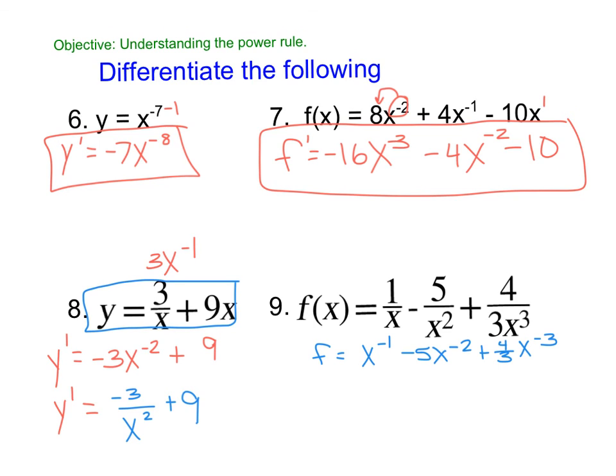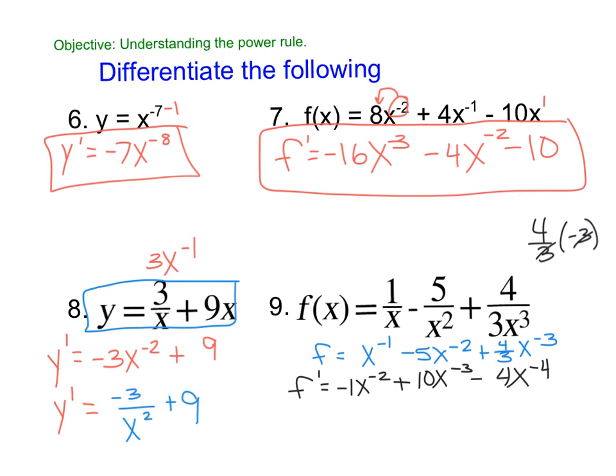Now I can take the derivative. -1x to the -2. -5 times -2 is positive 10x to the -3. Minus, now the negative, so that becomes 4/3 times -3, which becomes -4x to the -4, because those 3's cancel.